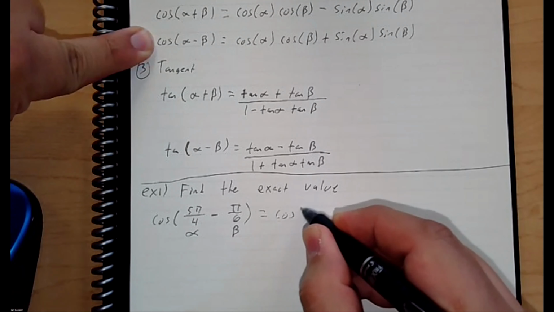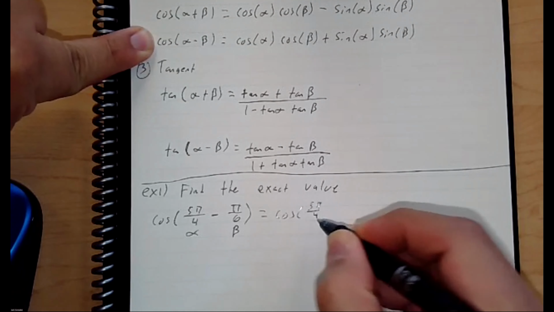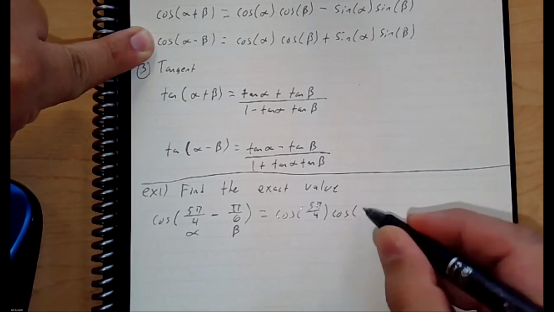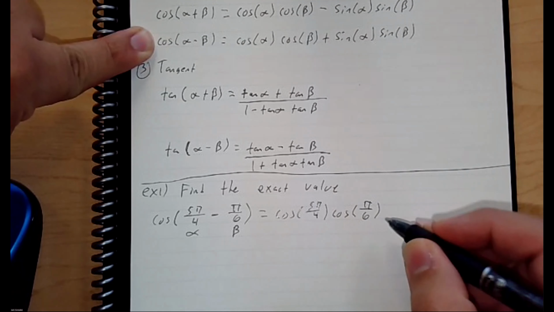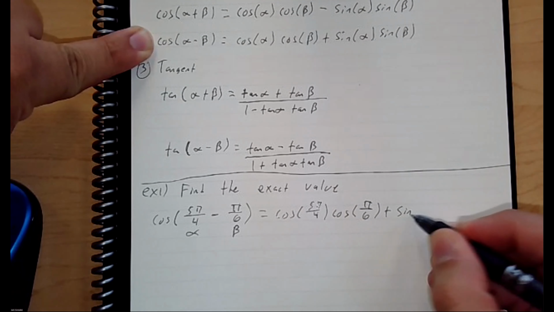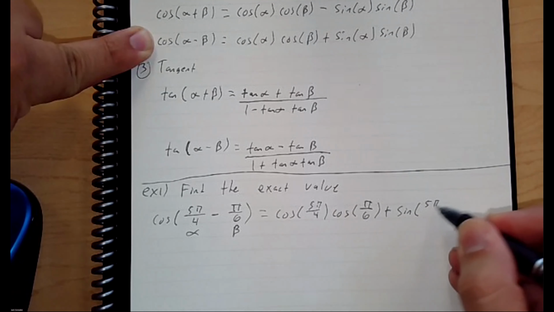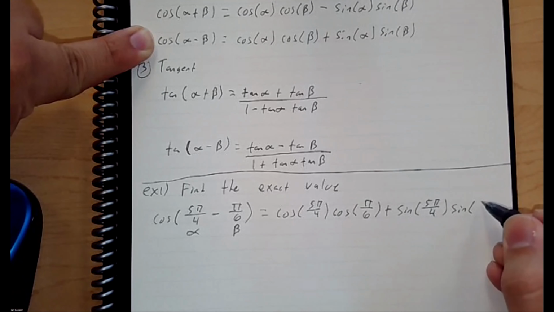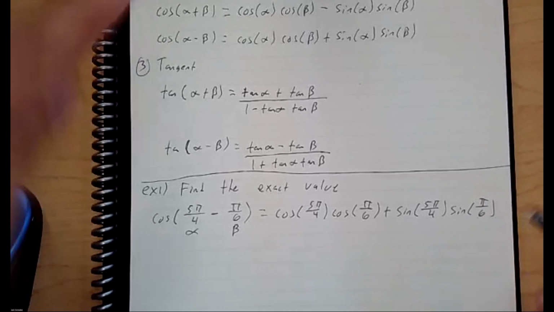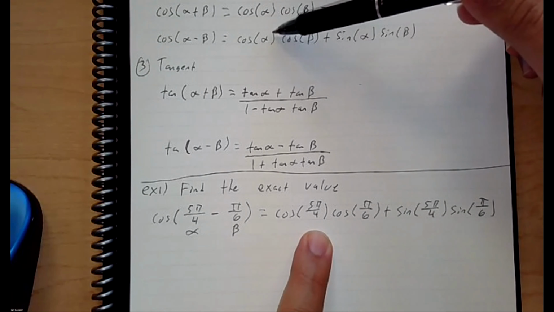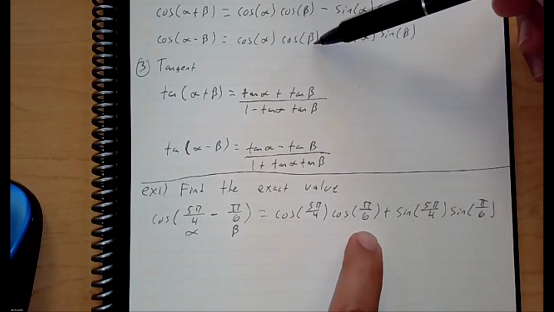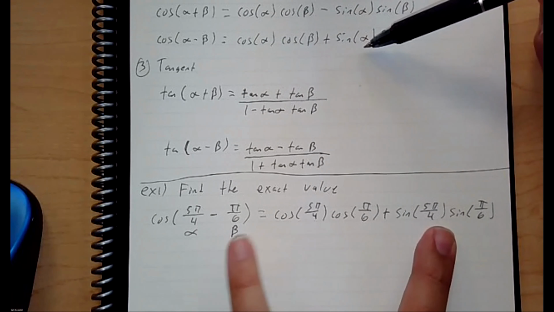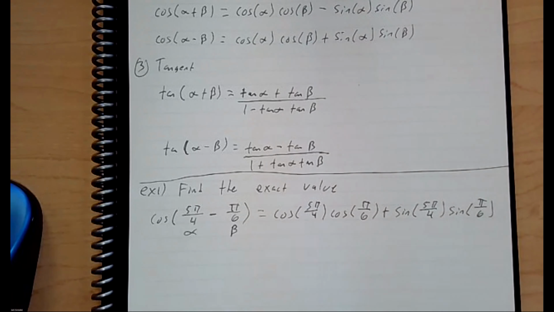Cosine 5 pi over 4, cosine pi over 6, plus sine 5 pi over 4, sine pi over 6. Let me double check here. Cosine alpha, cosine beta, sine alpha, sine beta. Yeah, we're good. See, we're just following the formula. Super basic, right? Nothing crazy.